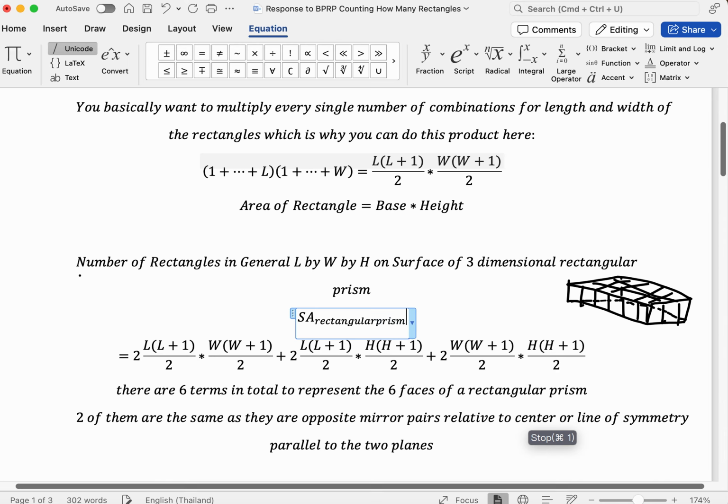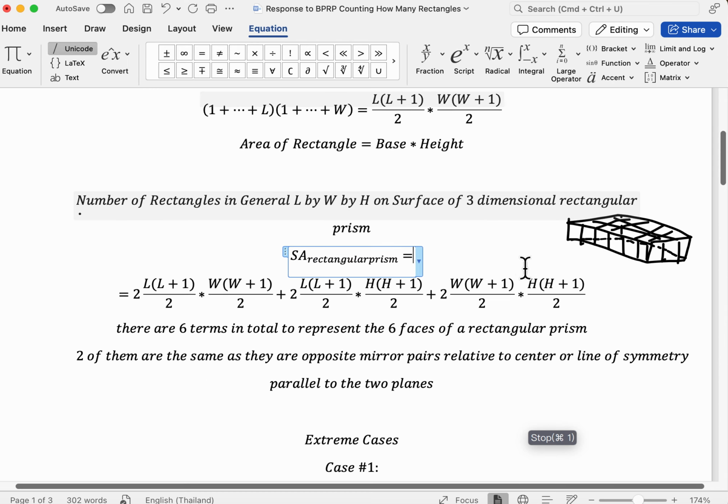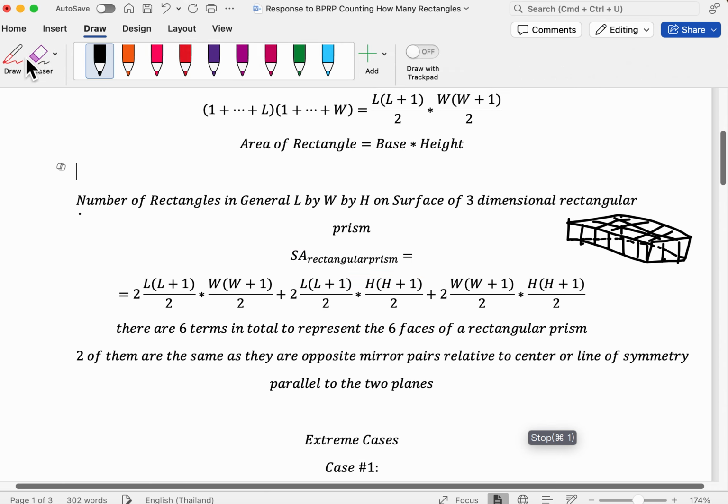we have two different possibilities of terms we can look at, because you can have essentially, and now here's where I will draw in color, 3 pairs of 2 faces that are opposite each other and have the same number of rectangles on them. So say I draw like this rectangle here, it will have a pair on the opposite side here.